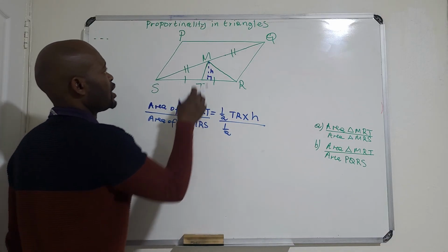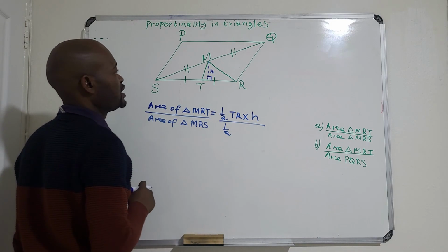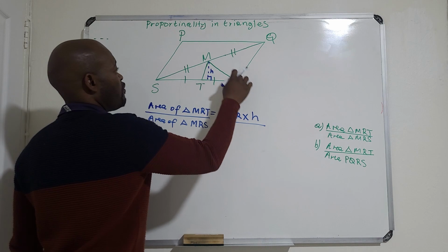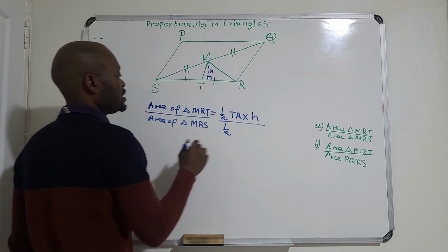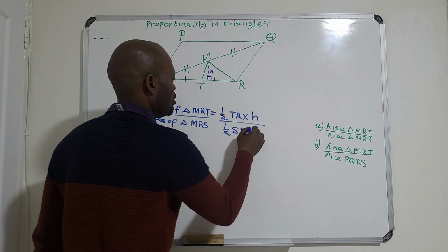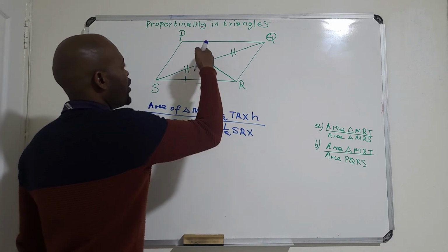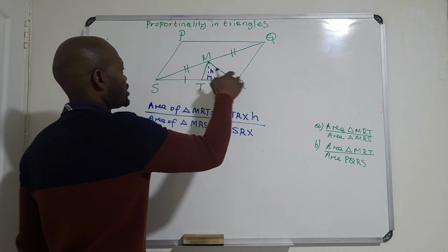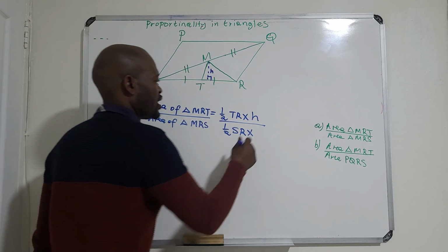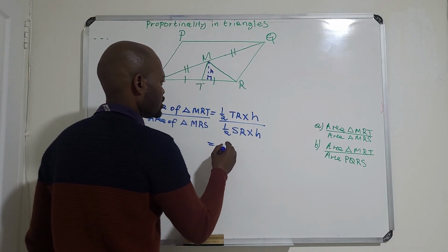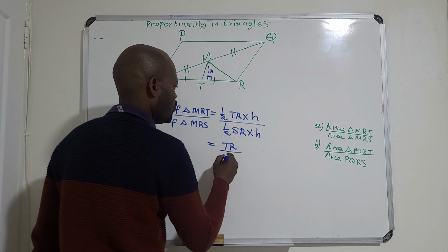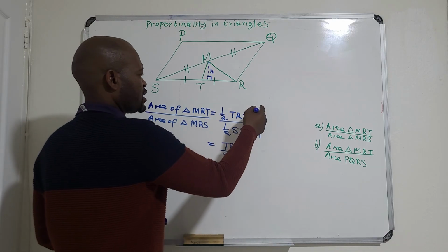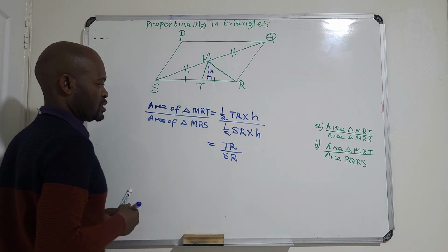The area of triangle MRS obviously is equal to our base SR, you can see the base of this triangle is SR, multiplied by the height. They have the same height. This triangle and this triangle have the same height H. Therefore, this becomes TR over SR, since this cancels with that and this cancels with that.